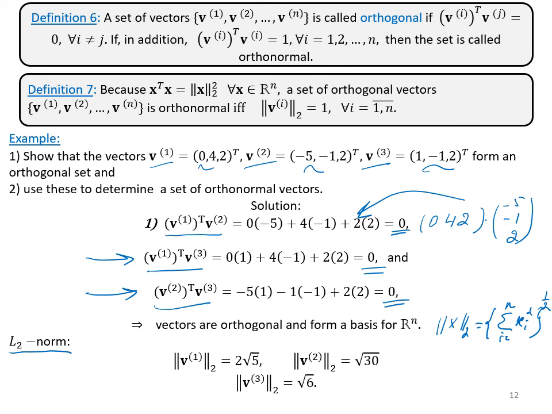So in our particular case, again, if we consider components for vector v1, we have 0, we have 4 squared, it's 16, and 2 squared, it's 4. And you can get 2 square root 5. If you perform similar calculations for v2 and v3, you can get these answers.